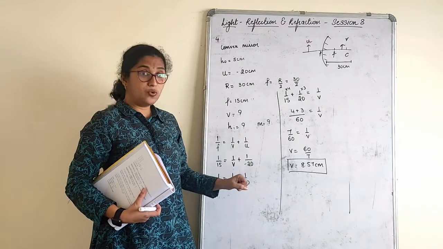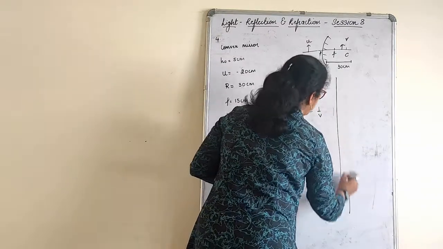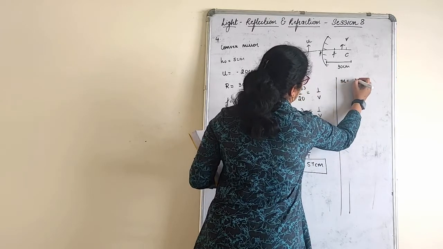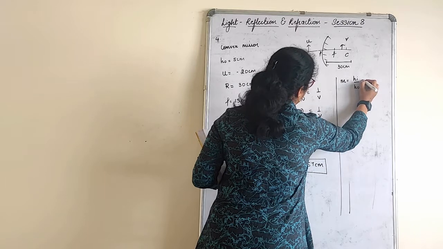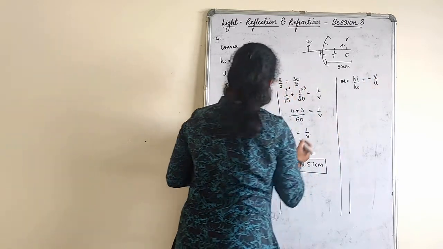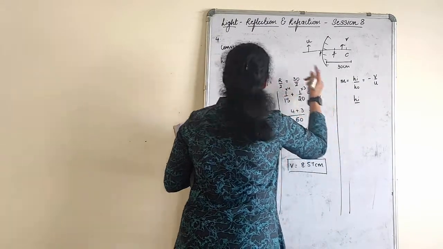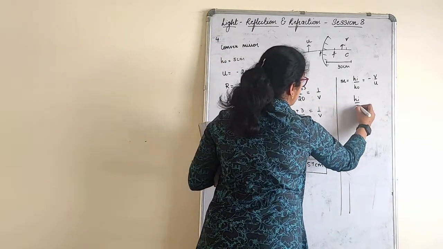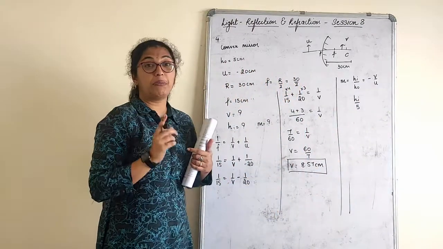Now since we know V, can we find the height of the image? Let's do that. Magnification is equal to height of the image divided by height of the object, that is equal to minus V by U. Height of the object is given as 5 centimeter. Now tell me, the height of the image, what you find should be plus or minus?